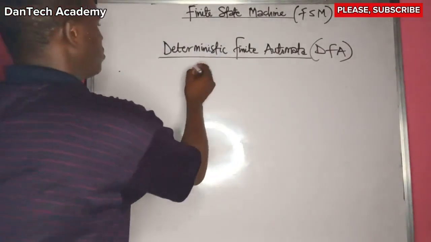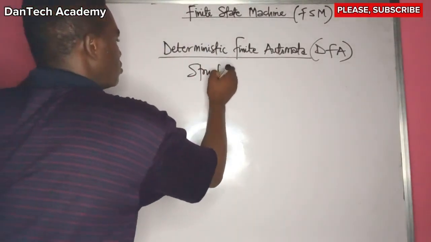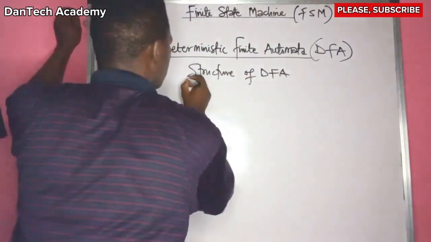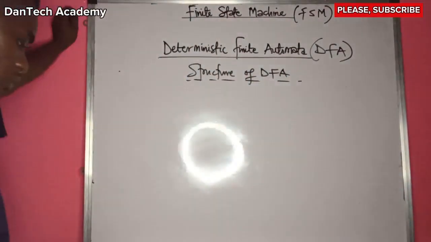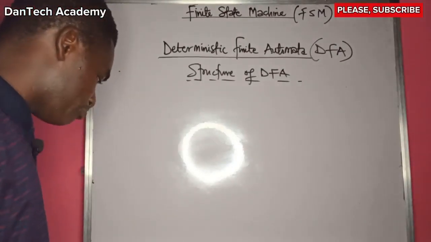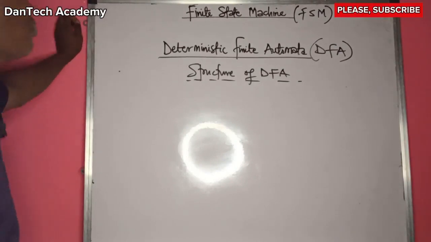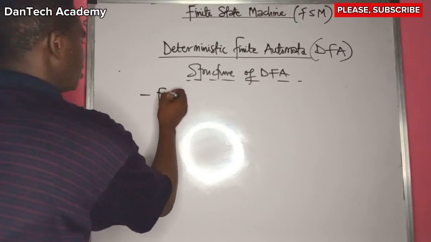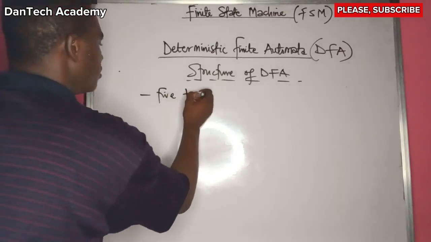The structure of DFA. If we want to look at the structure of DFA, then we must consider five tuples.